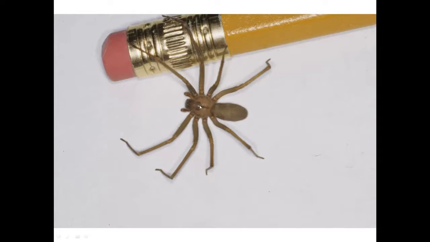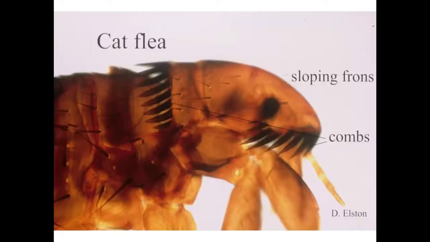So, okay, what's this one? Brown recluse. So the fiddleback pattern, and it has 3 pairs of eyes instead of 4 pairs of eyes. And cat flea, which is our usual flea on cats and dogs.